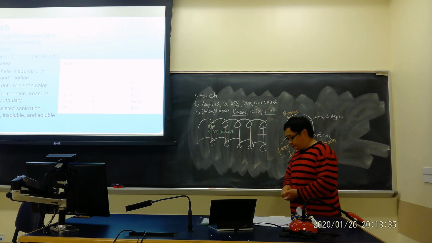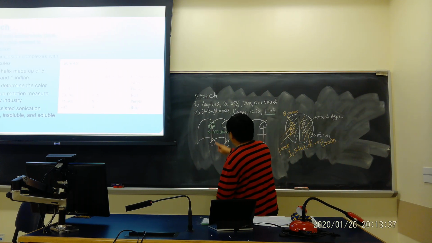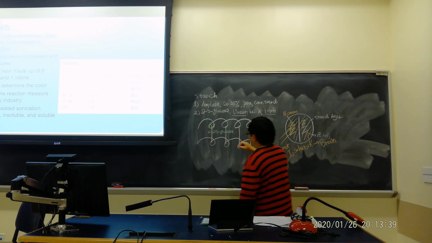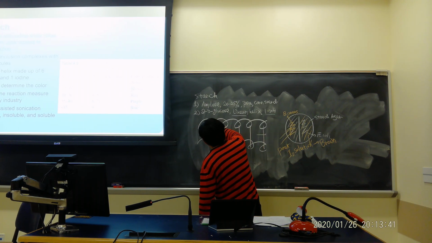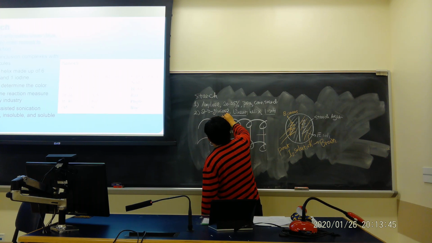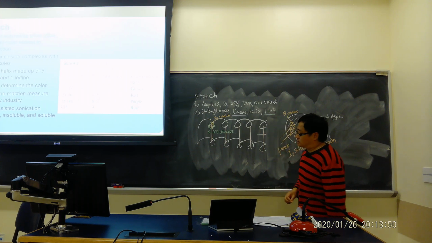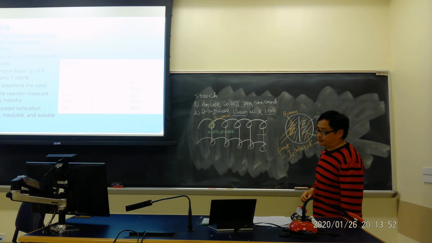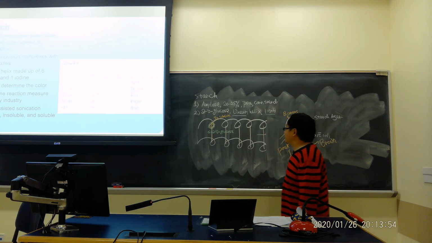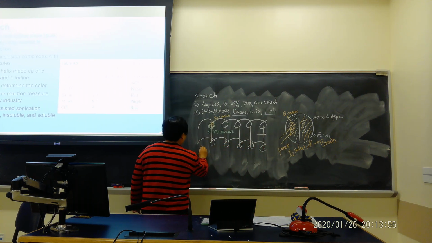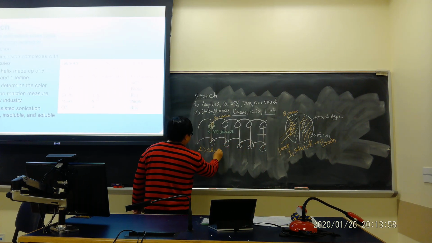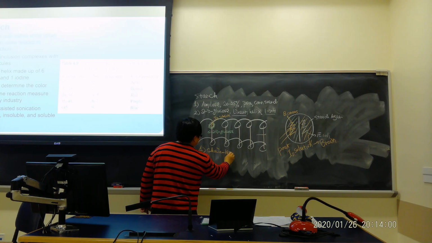Now why can they do that? Because they have this twist, this helix, and it can combine with the iodine solution, one molecule of the iodine. And the color of the reaction between starch and iodine really depends on the chain length.